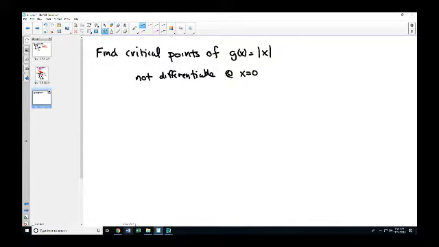So that's going to be a critical value, or critical point. Okay. And we're going to do our sign analysis if we want to find local min or max.